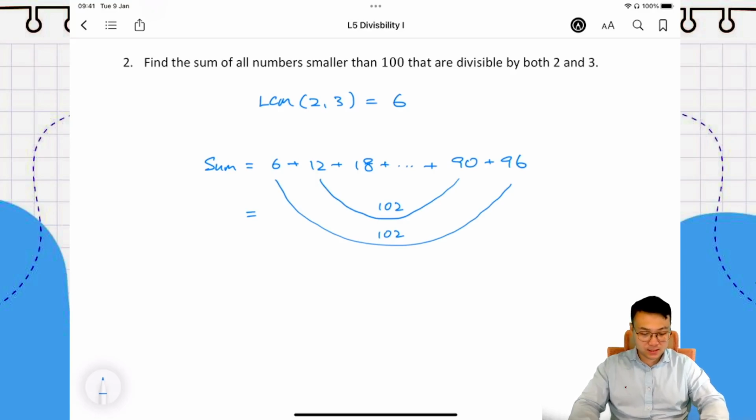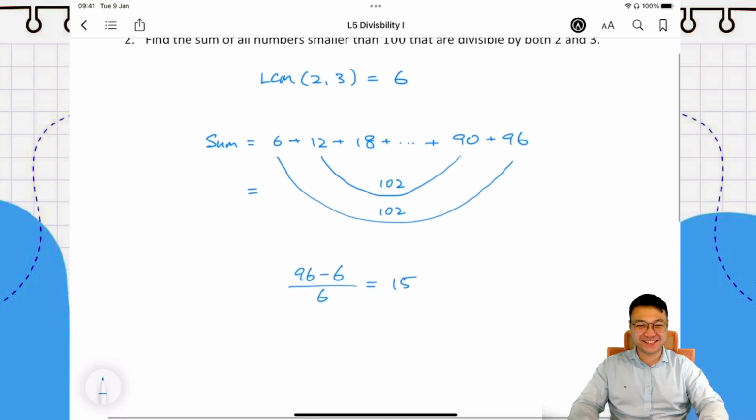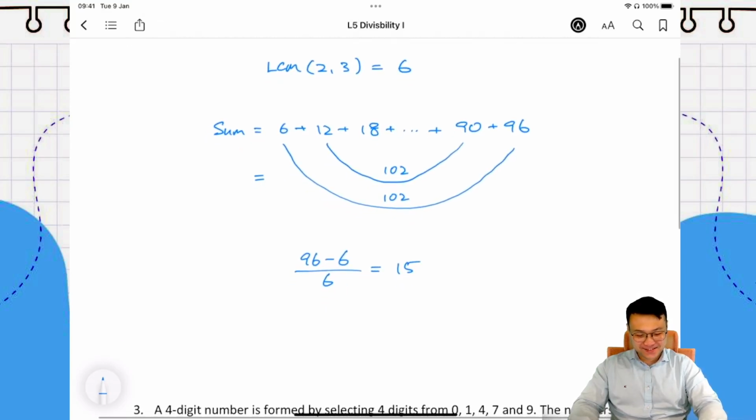From 6 to 96, then you have 15 numbers. Yes or no? Not sure, right? Come on, let's try. 6, 12, and 18.